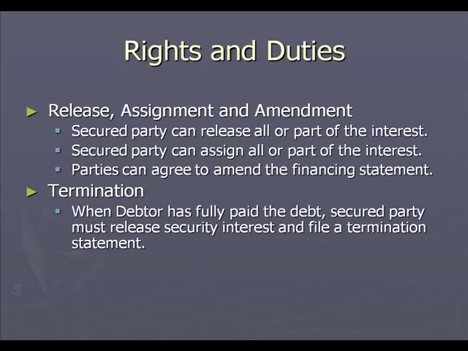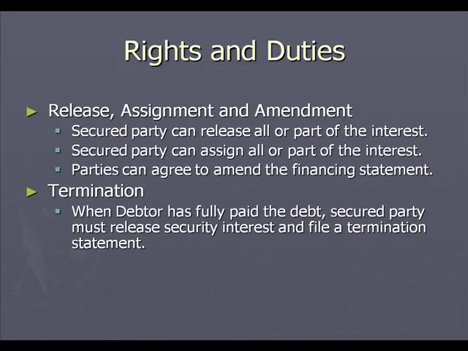Okay. Now, at any time the creditor can say, I don't want to have your collateral anymore; for whatever reason, they have that right and ability to do that. They can also assign it, so they could take the security agreement and assign it over to somebody else. Then, of course, the parties can agree to change the financing statement at any time.